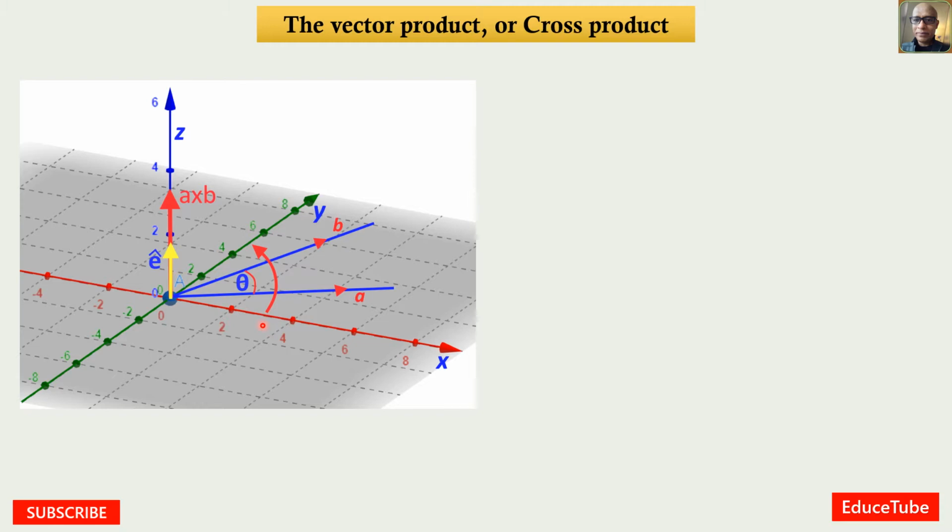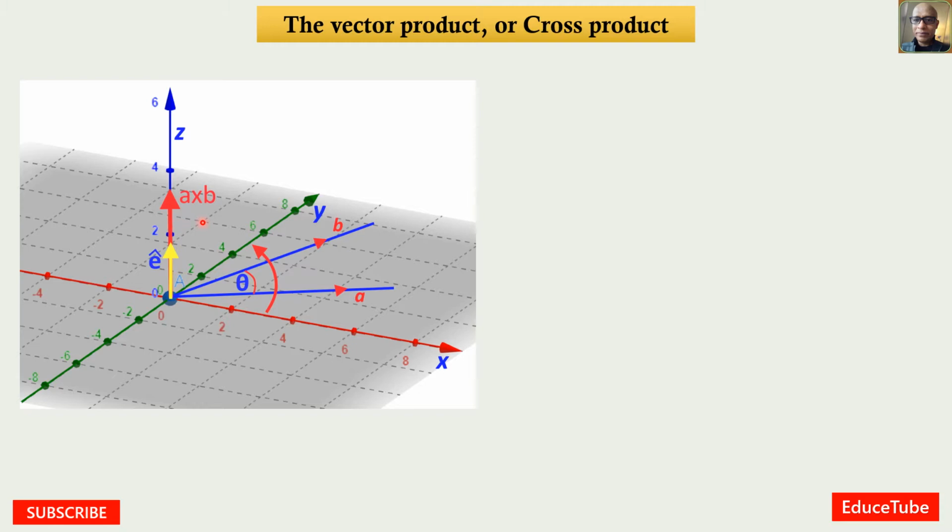If this right-handed screw is turned from A to B, it means anti-clockwise. So the screw moves up.